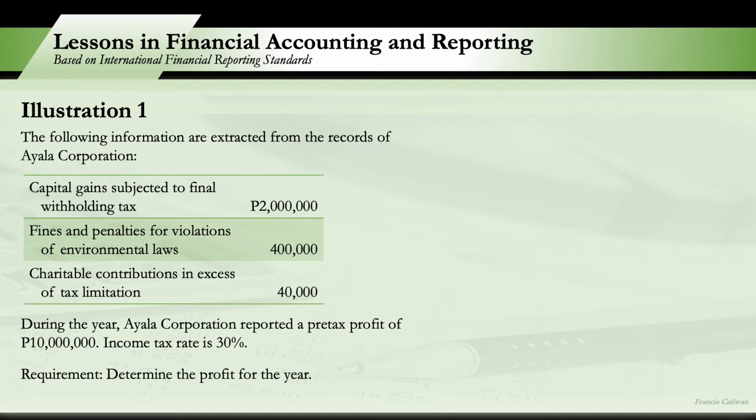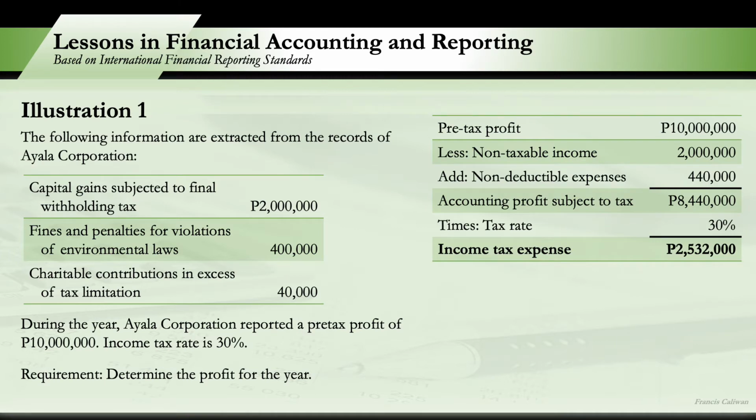So our solution is from our pre-tax profit of 10 million, we deduct our non-taxable income of 2 million. We add our non-deductible expenses of 440,000. We will arrive at our accounting profit subject to tax of 8,440,000.